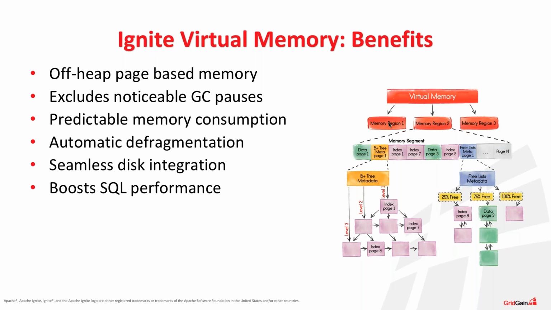And finally, speaking about the persistent disk storage, which is to be released in the nearest Apache Ignite releases, that page-based memory architecture allows us to seamlessly integrate with disk.